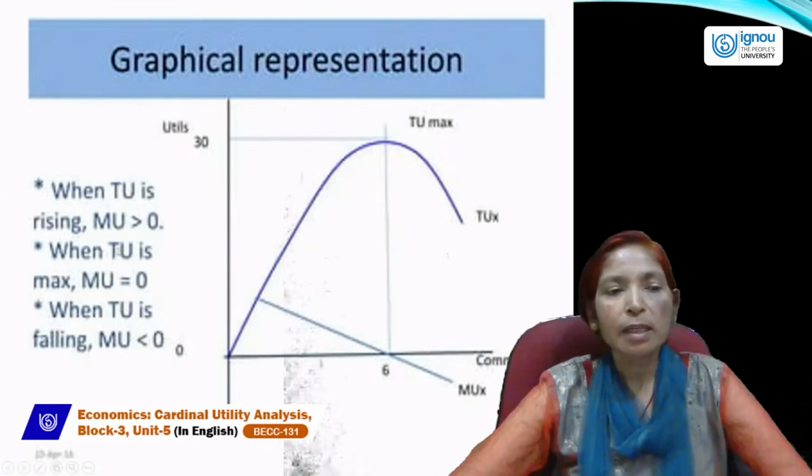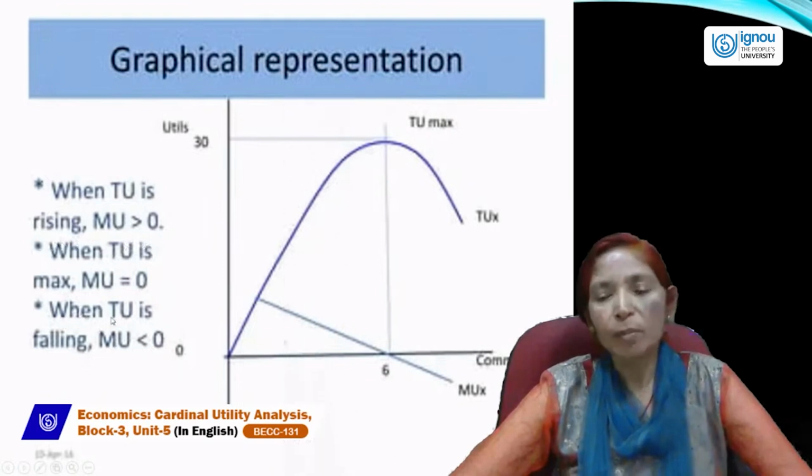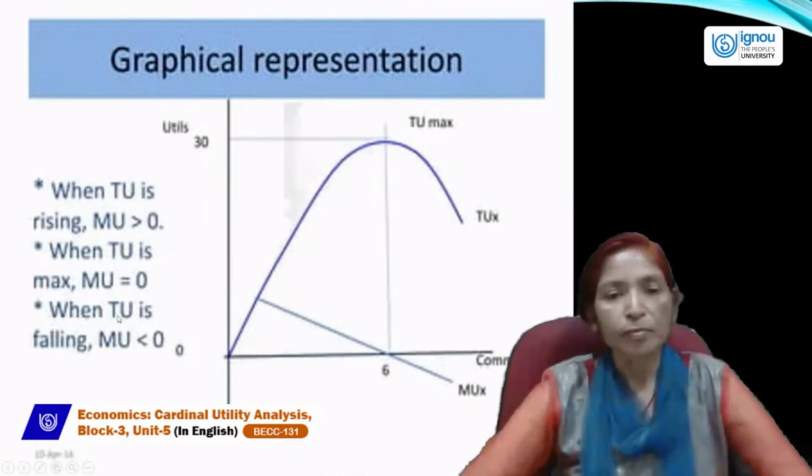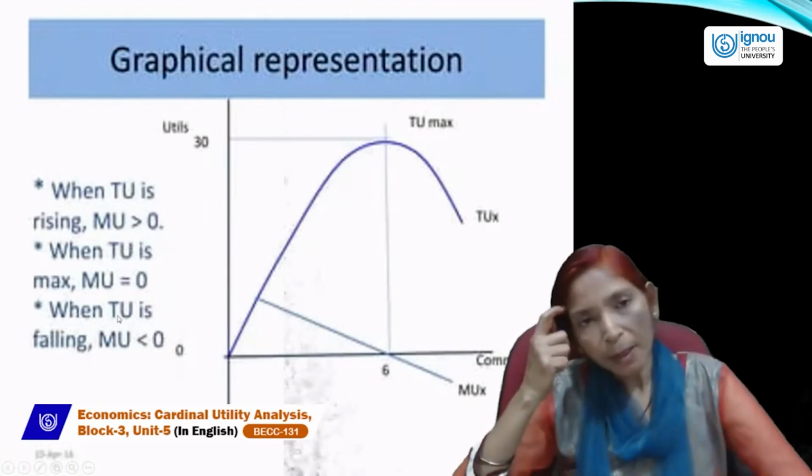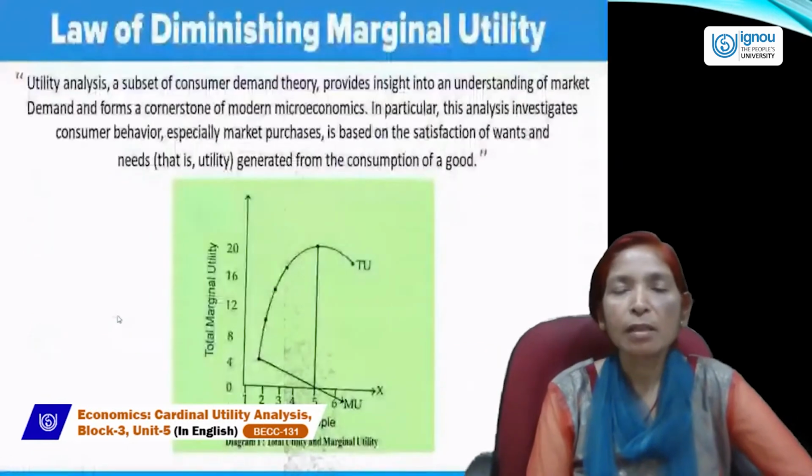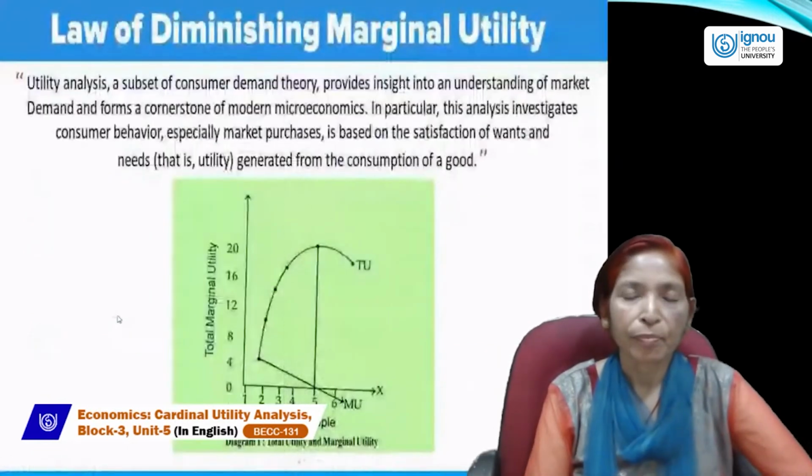When TU is rising, MU will be greater than 0. When TU is maximum, MU will be 0. When TU is falling, MU will be less than 0. Now next is the law of diminishing marginal utility.